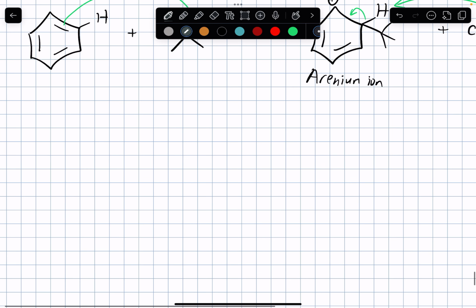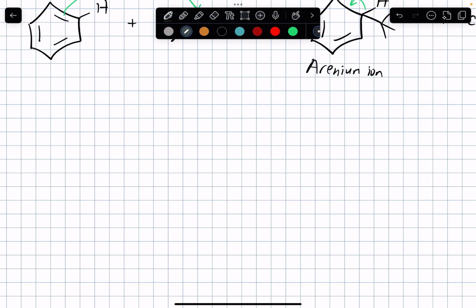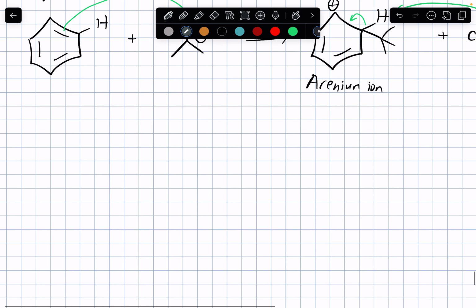Let's have these examples. So what if you have this? You want to predict the starting materials, or like the starting reagents.